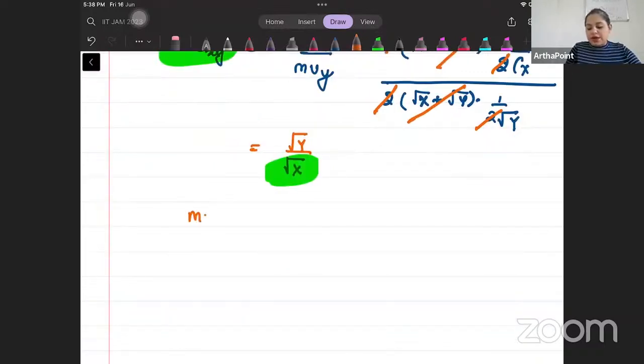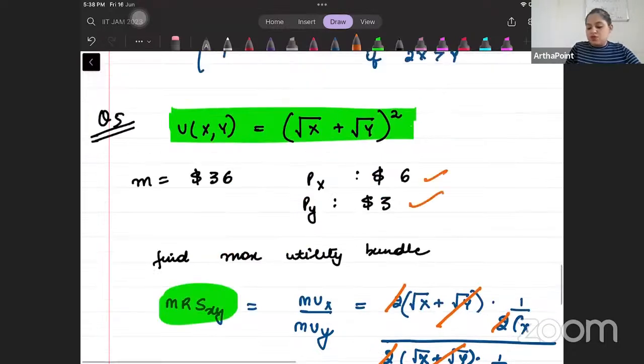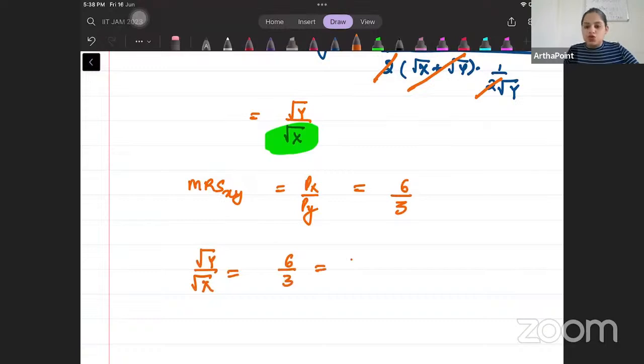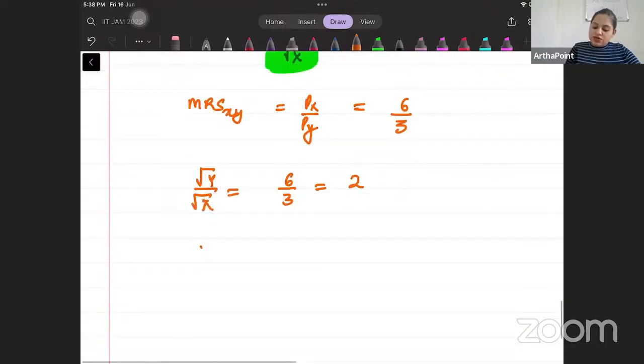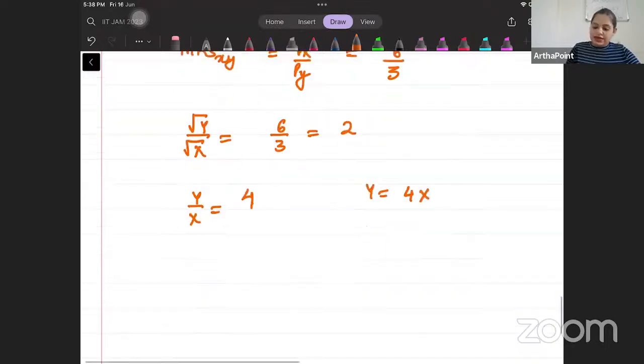I will equate MRS to PX by PY. PX is 6, PY is 3. So I will get root Y by root X is equal to 6 by 3, which is nothing but 2. If I square both sides, I will get Y by X is equal to 4. So Y will be 4 times X.